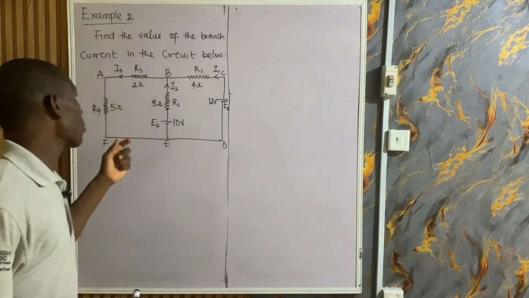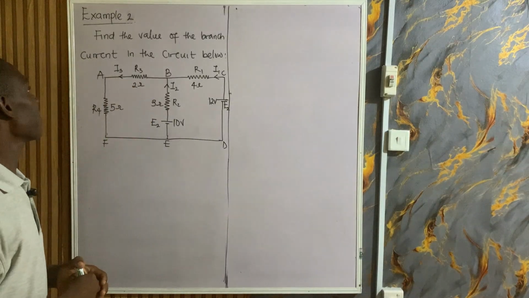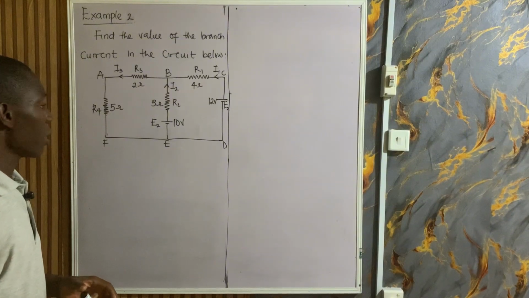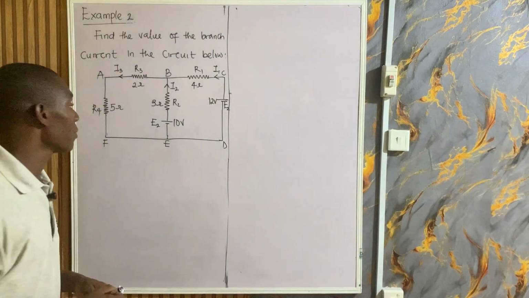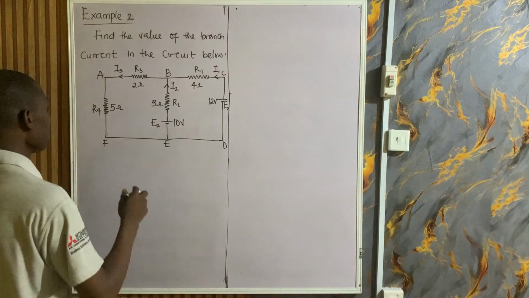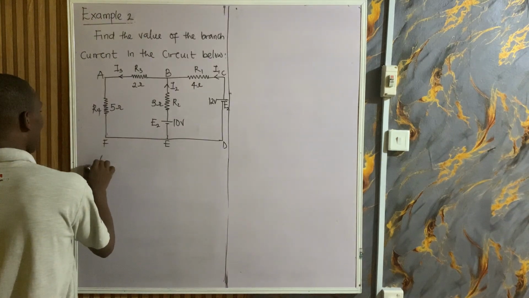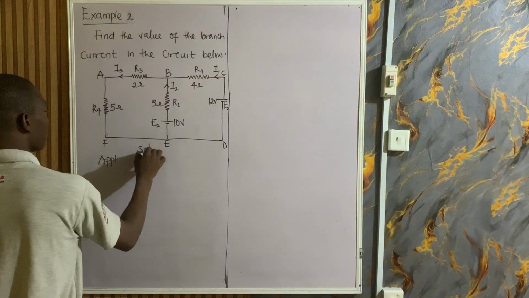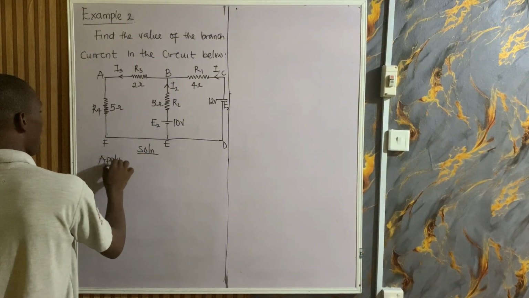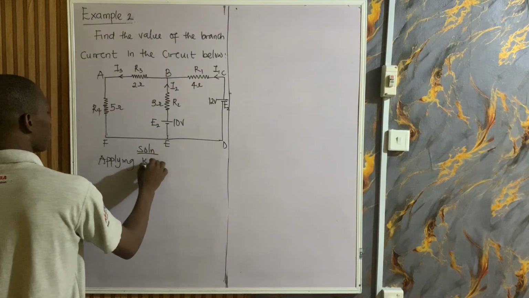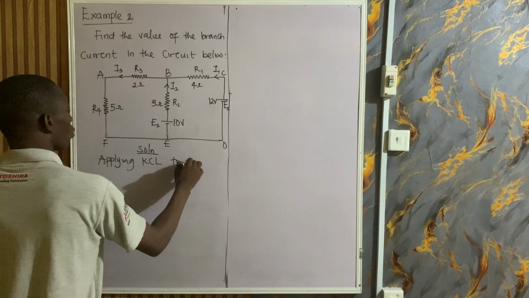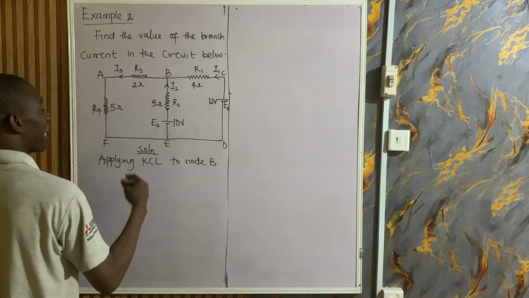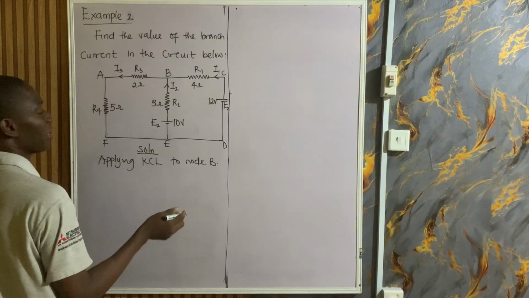That's example 2. Find the value of the branch current in the circuit below. And so to solve this now, we begin with the solution, applying KCL to node B. The sum of entering is equal to the sum of leaving.